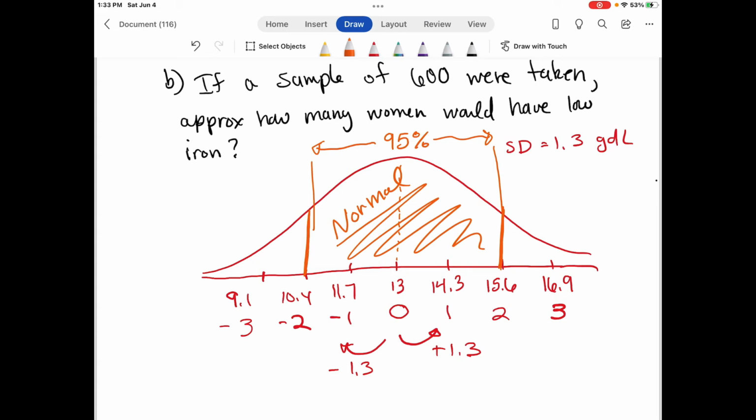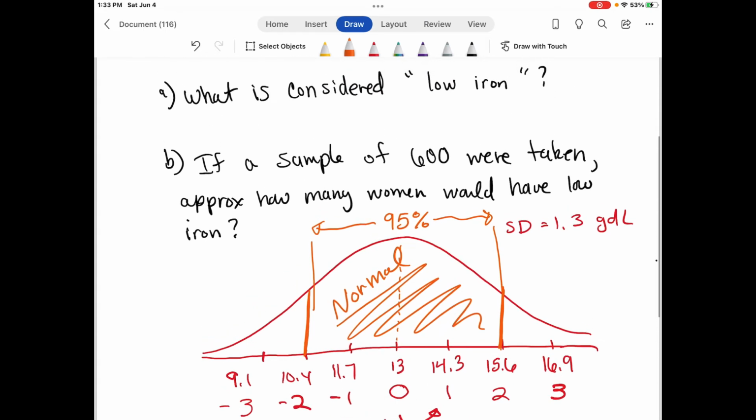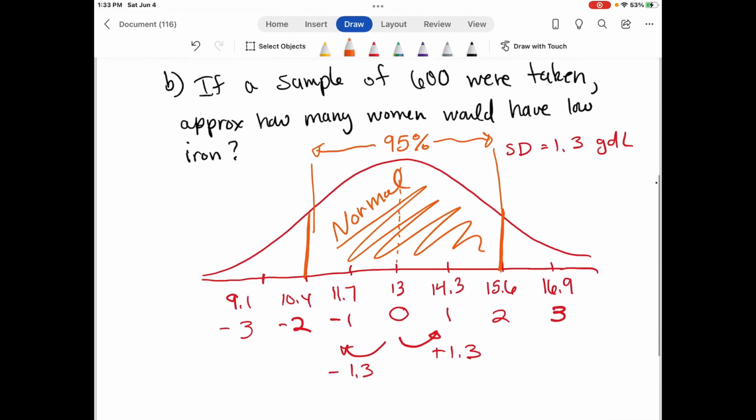So now, to answer this question in part A, it says what is considered low iron? Since normal is in the center between the 2 standard deviations out, then you would be considered low if you're over here in the shaded purple area when you're less than 10.4.